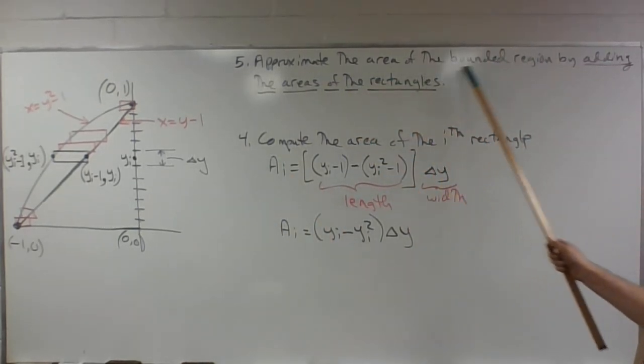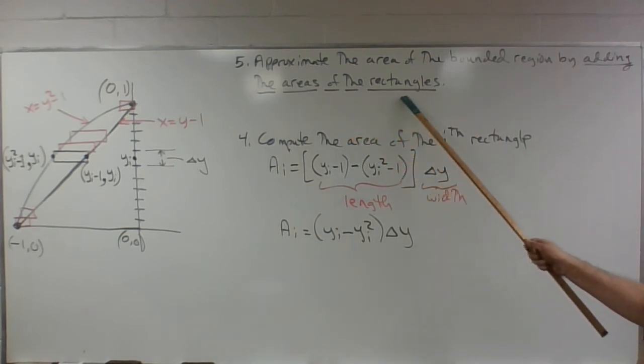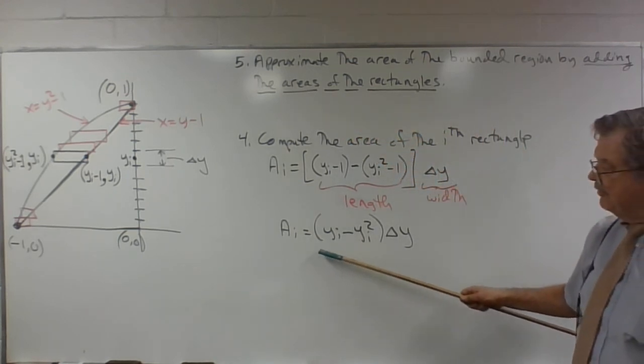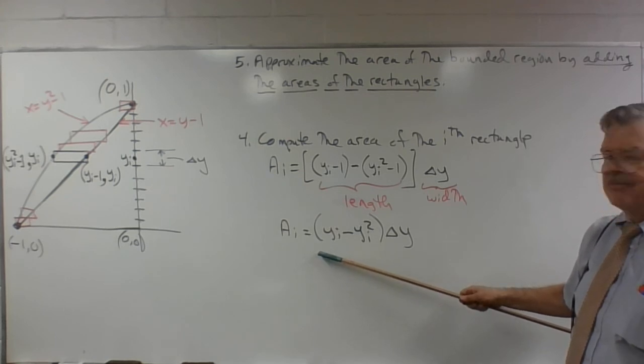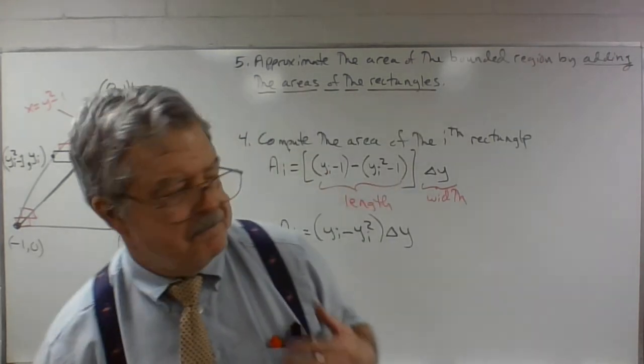We approximate the area of the bounded region by adding the areas of the rectangles. This is what the area of the ith rectangle is. Now we're going to add them all up.